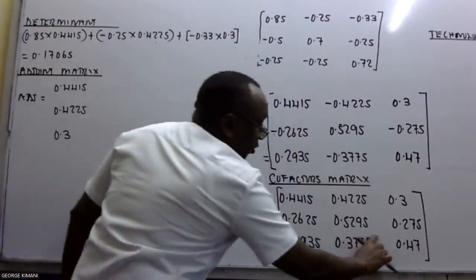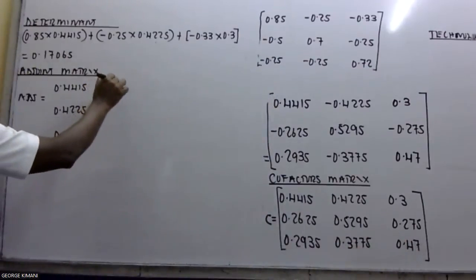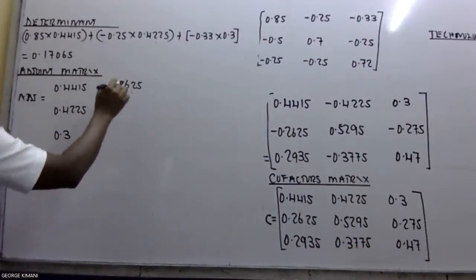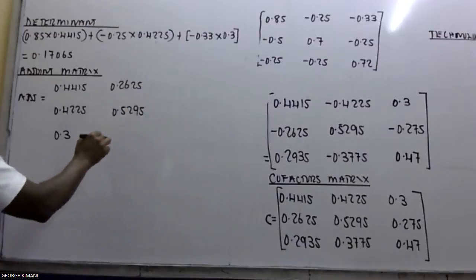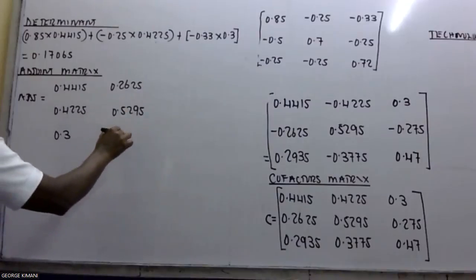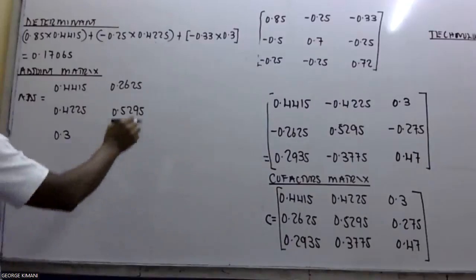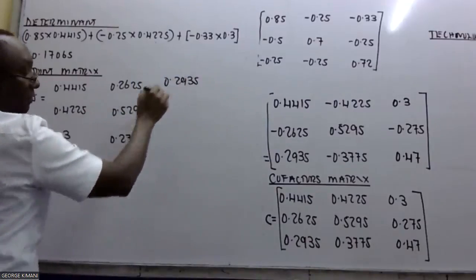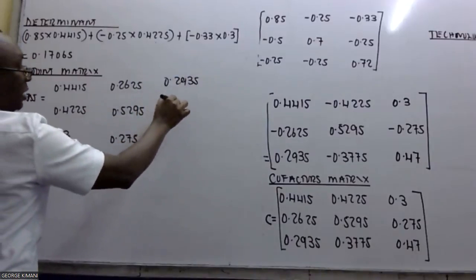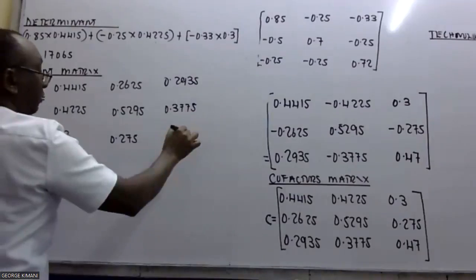This second row will become our second column here. Okay. 0.2625, 0.5295, 0.275. And this one becomes that column: 0.2935, 0.3775, and 0.47.